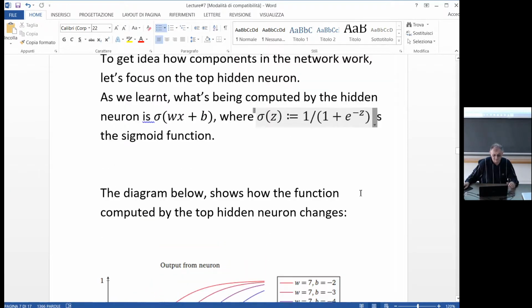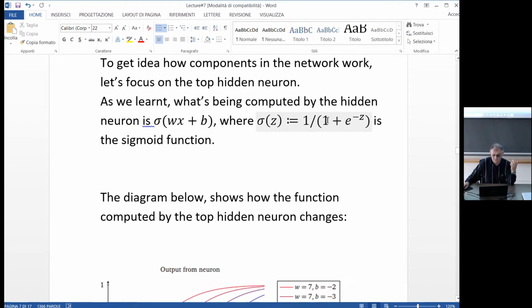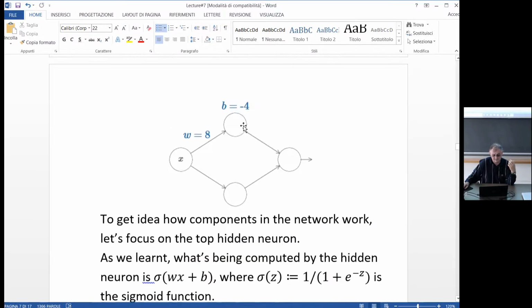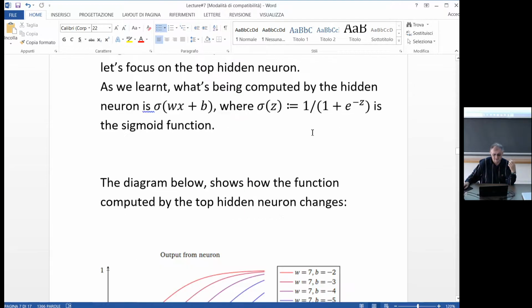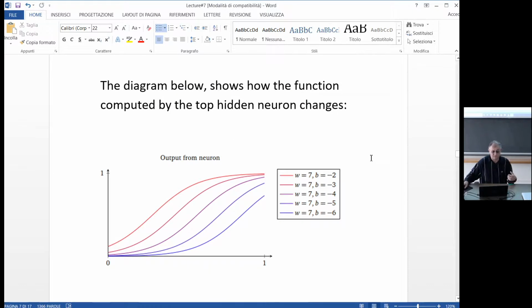So we have this function and two parameters, weight and bias, for example, 8 and minus 4. The diagram below shows how the function computed by the top hidden neuron changes.